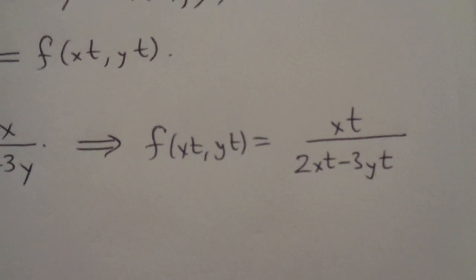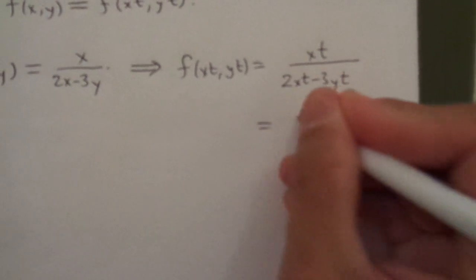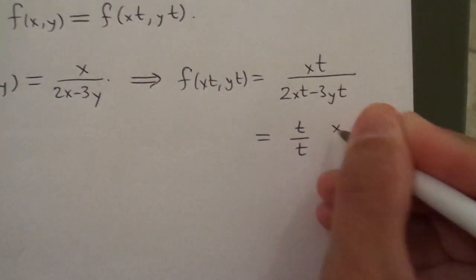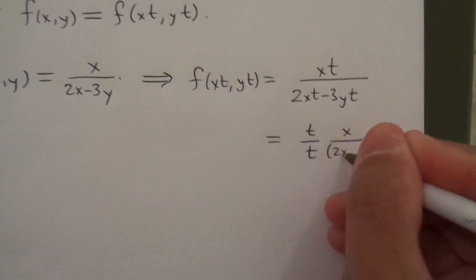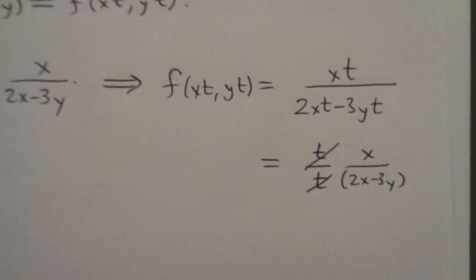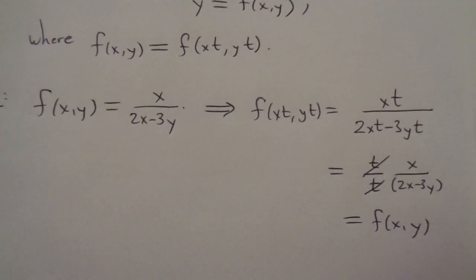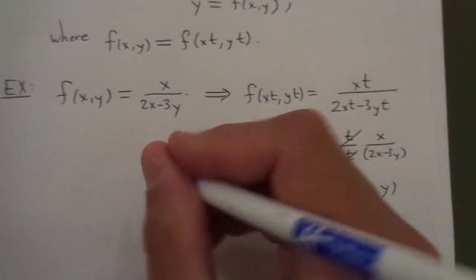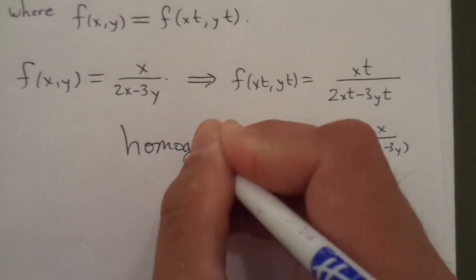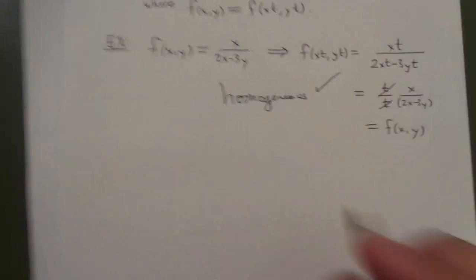Every single y has been changed to yt. What you should notice is that on the top and on the bottom, you can actually just factor the t's out and cancel them. And what you're left with is the original f of x and y that you had in the first place. Okay, so that is homogeneous of degree 0.